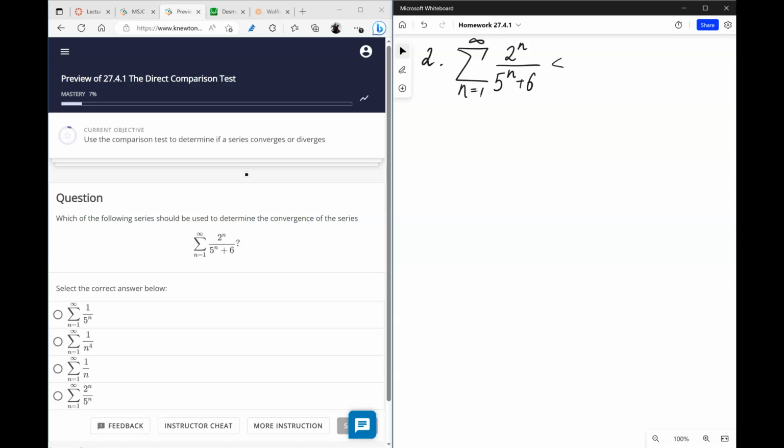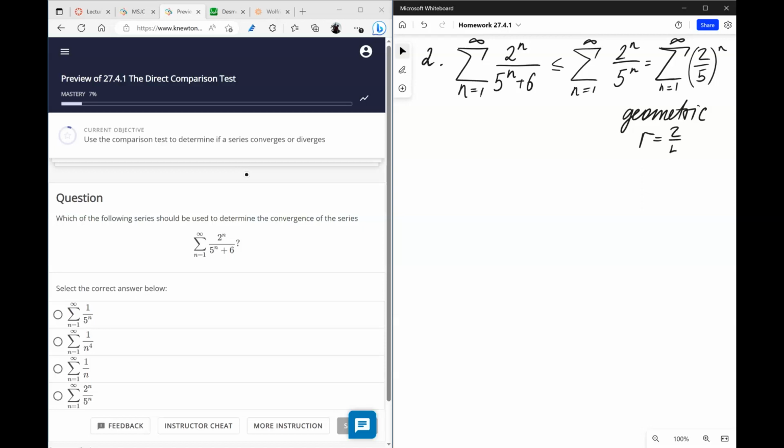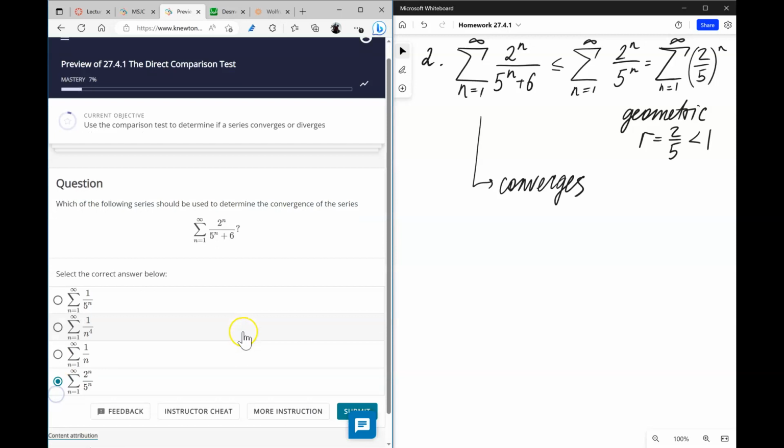We're going to conclude that this series is smaller than this series because it has a larger denominator, but this series is actually a geometric series with a common ratio of 2/5, which makes it convergent. So this series converges by the comparison test, and we compared it with a geometric series. So this will be the answer.